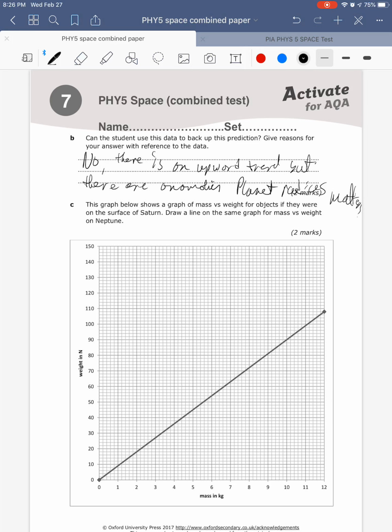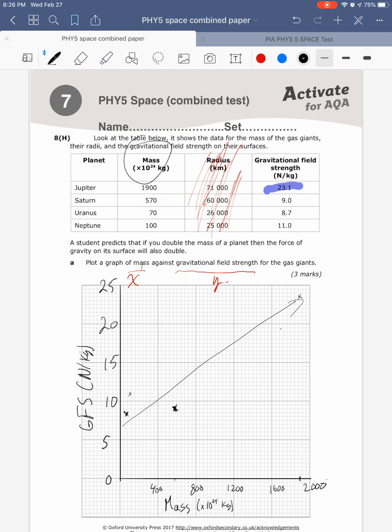The last graph here shows mass versus weight of objects if they were on the surface of Saturn. Draw a line on the same graph for mass versus weight on Neptune. We know that if it's 0, it's going to be 0. And remember that weight is mass times gravity. If I pick a point, looking at Neptune, the gravitational field strength is 11.